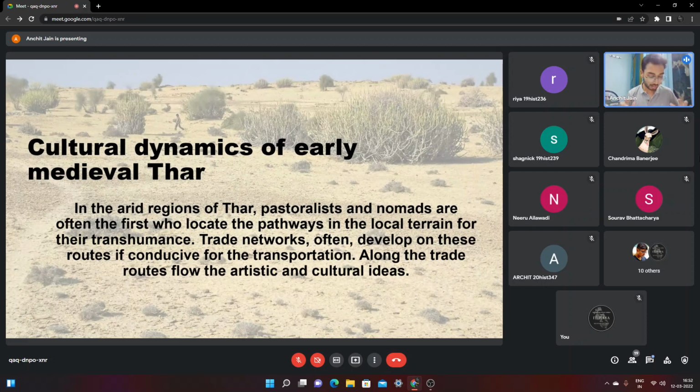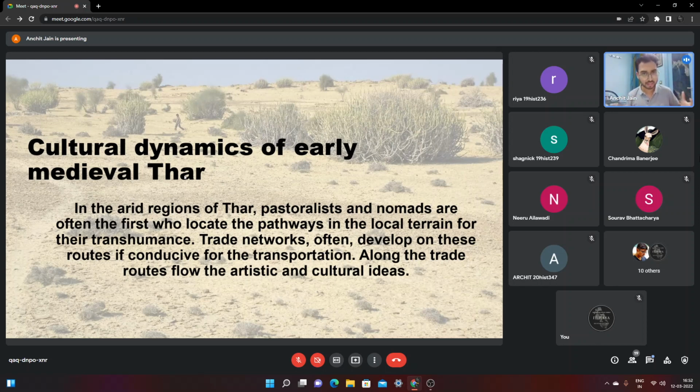There are some works which I could locate on the temples, but these are largely works dealing with individual sites. I could hardly encounter any work which comprehensively looks at the artistic exchange networks of Thar.